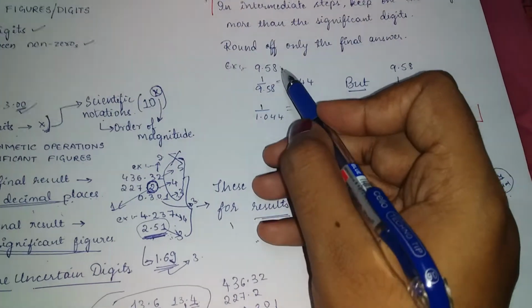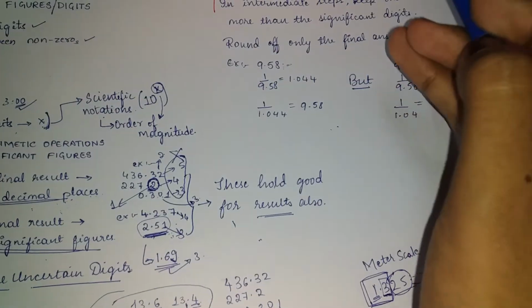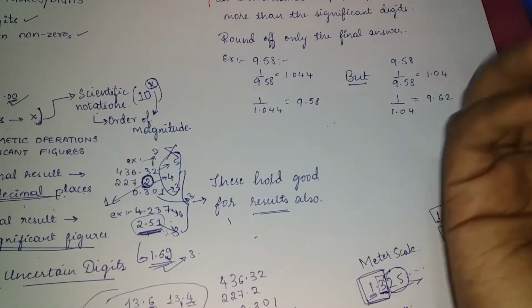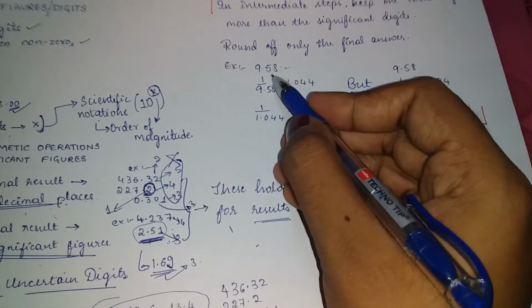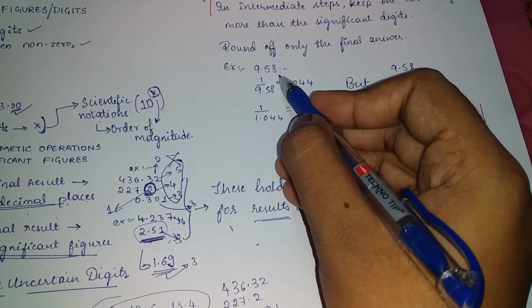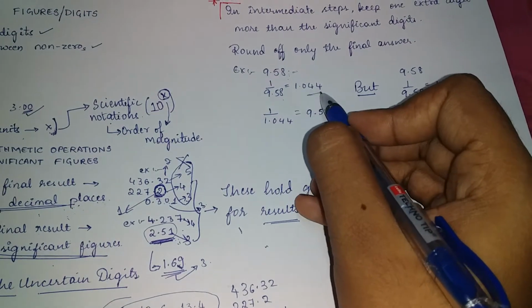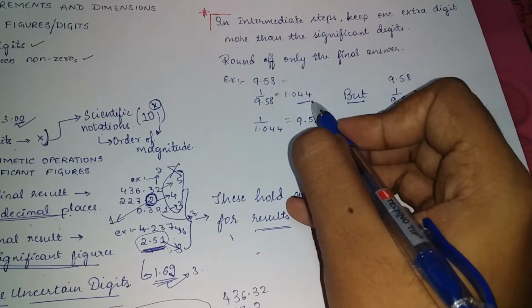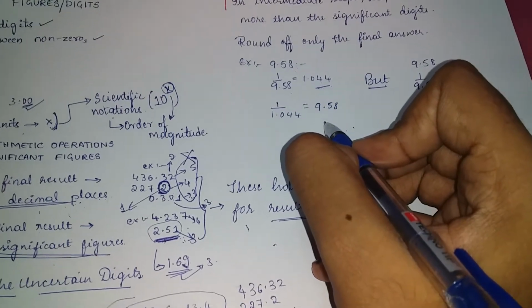Example here, this is one number. The question is, you need to take the reciprocal of it, and again take the reciprocal of the obtained answer. If 9.58 is the number, the reciprocal of 9.58 is actually 1.044. Now if you take the reciprocal of 1.044, you get 9.58.